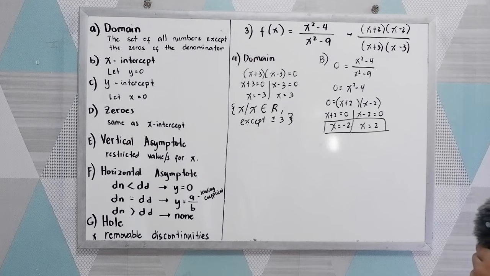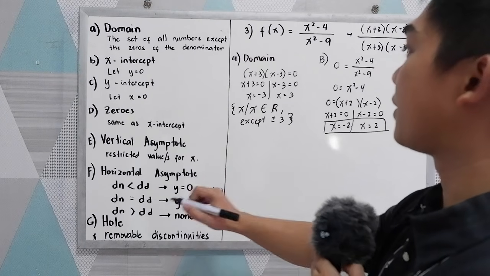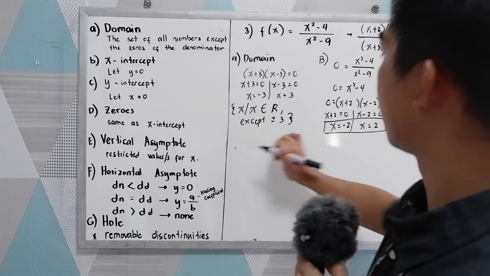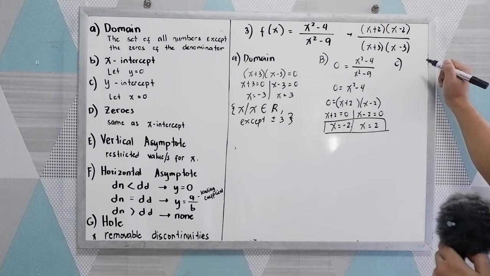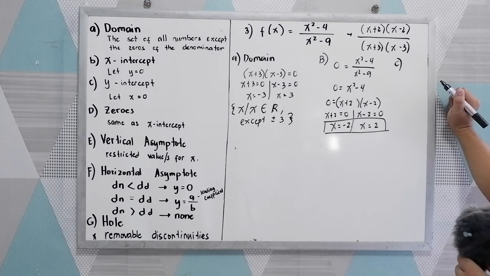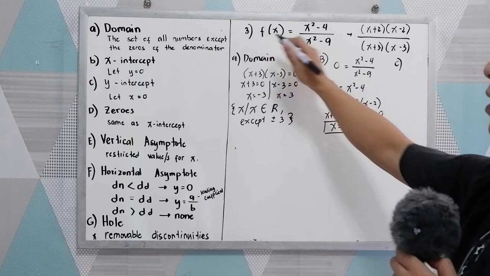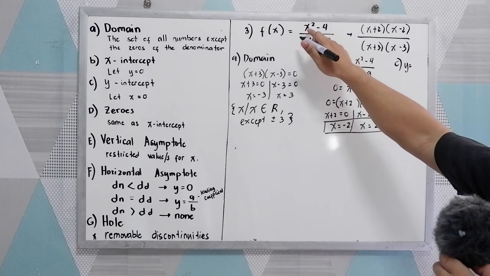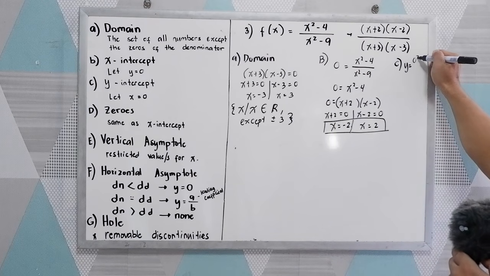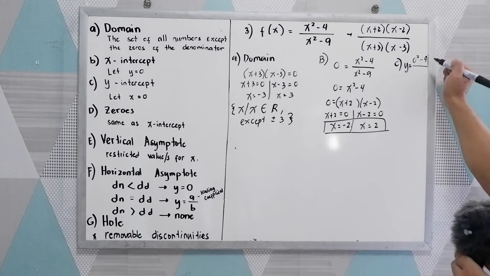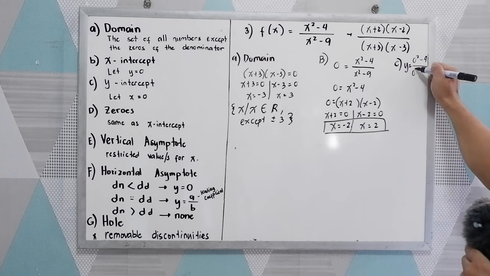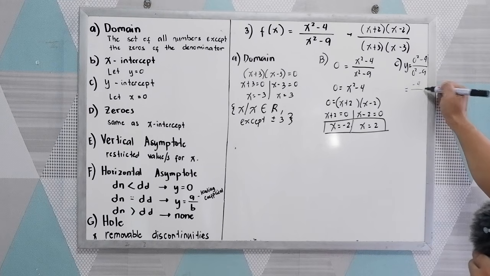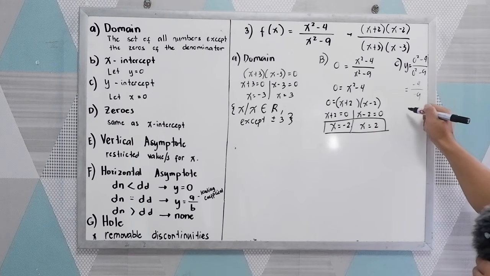And letter C, y-intercept. Let x be equal to 0. So in this case, y is equal to 0 squared minus 4 all over 0 squared minus 9. So that is negative 4 all over negative 9.